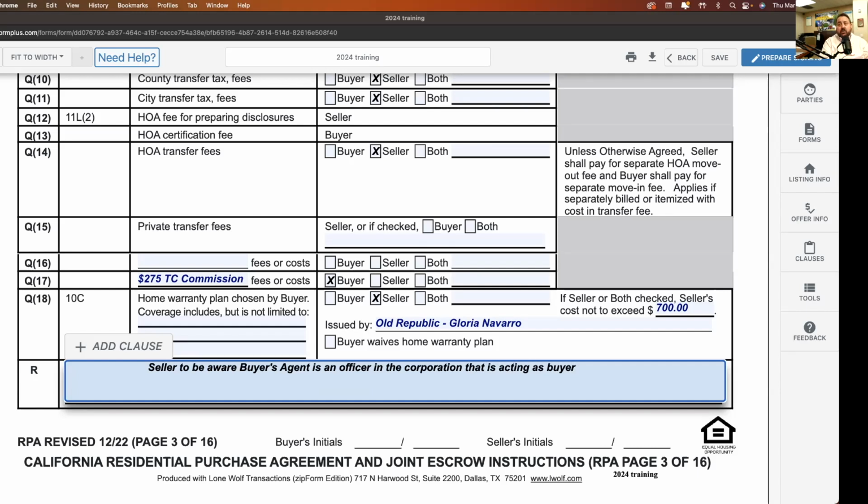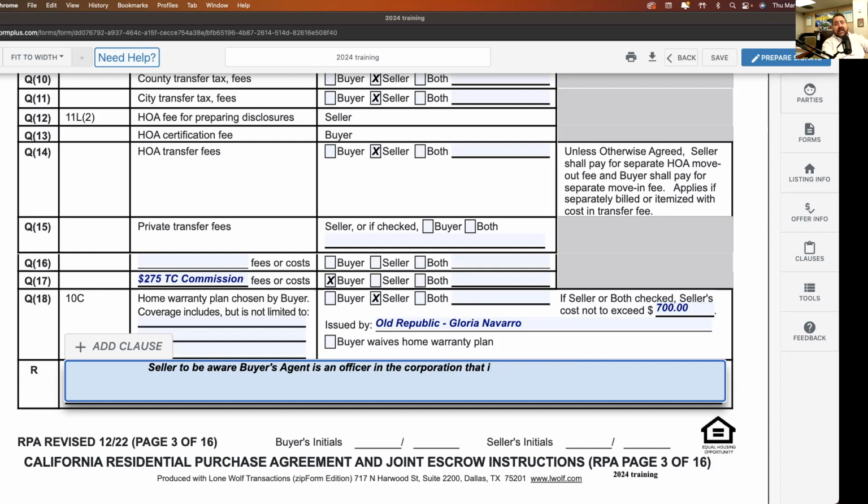We have to disclose that. You have to let them know that. You can't avoid it. You can't say, well, I'm not the buyer. I'm not the one signing the documents, so my hands are clean. No, it doesn't work that way. You've got to disclose that you have an interest as the buyer, okay?